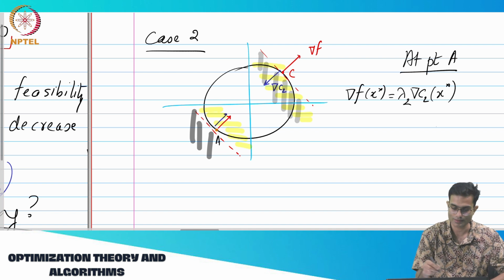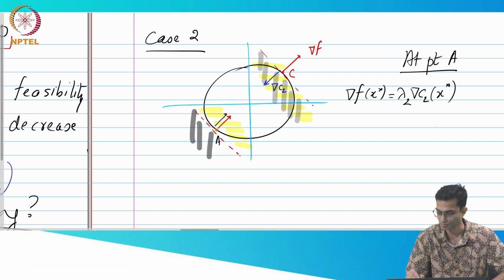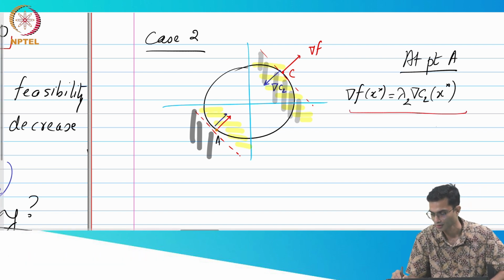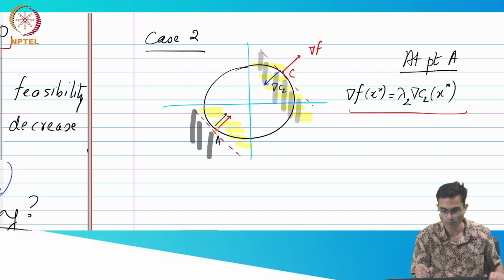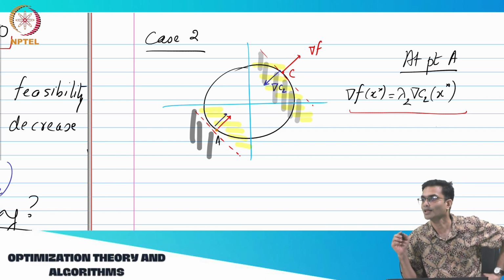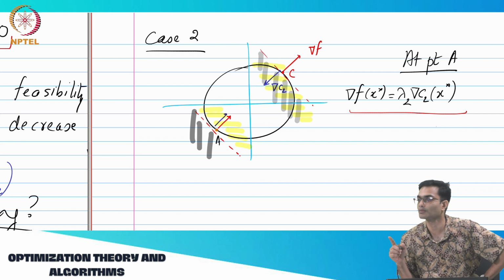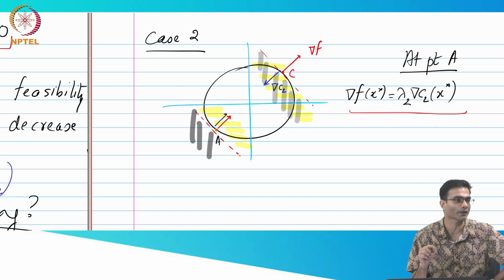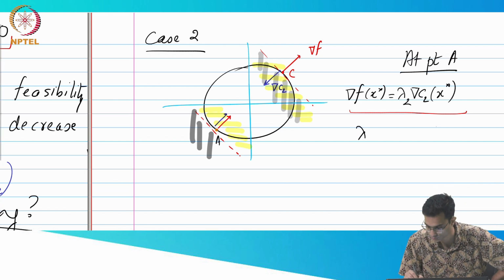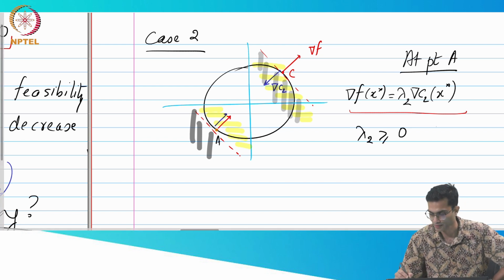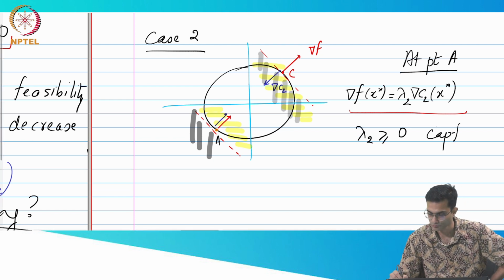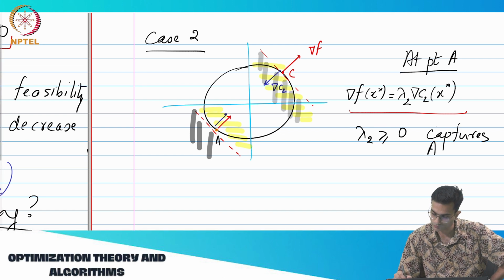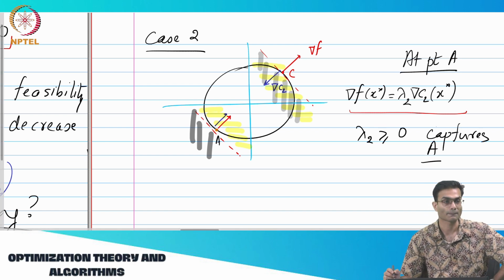So now looking at this, how can you make this expression over here? How can we fine tune it just a little bit more? Lambda 2 should be greater than equal to 0. If I say lambda 2 greater than equal to 0, it captures point A and not point C. Okay, so lambda 2 greater than equal to 0 captures A correctly.